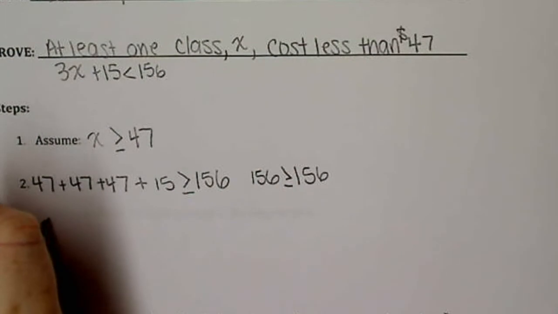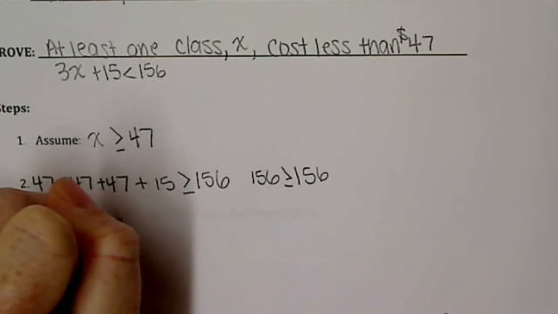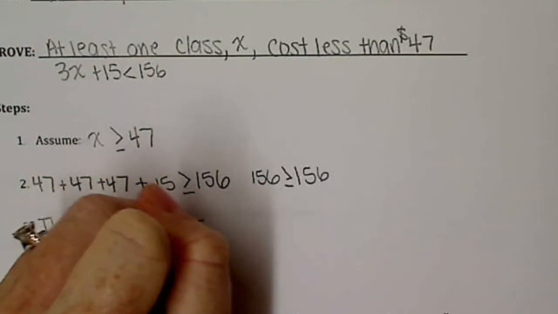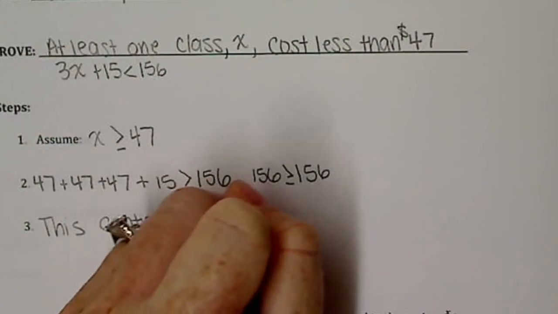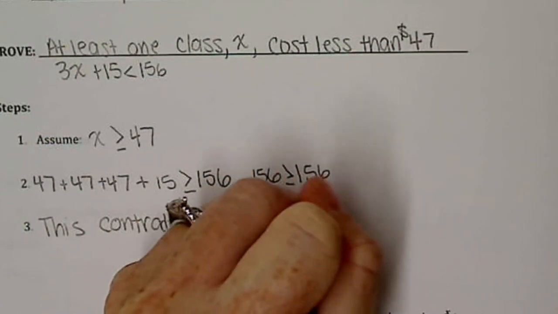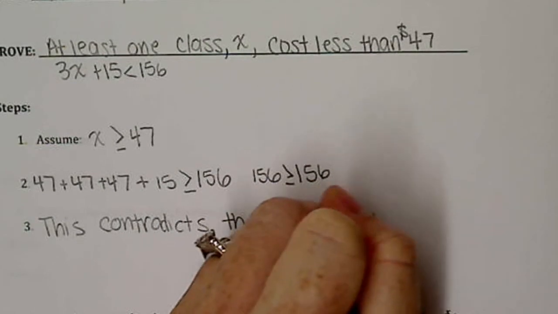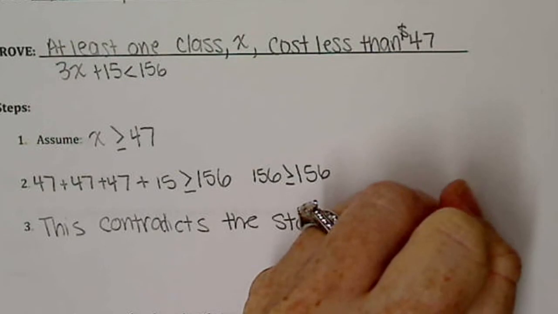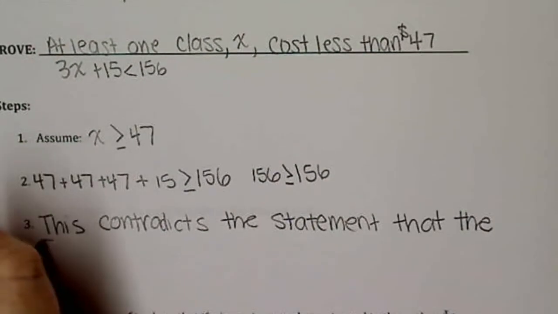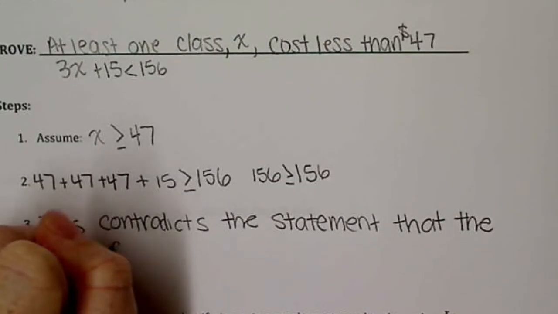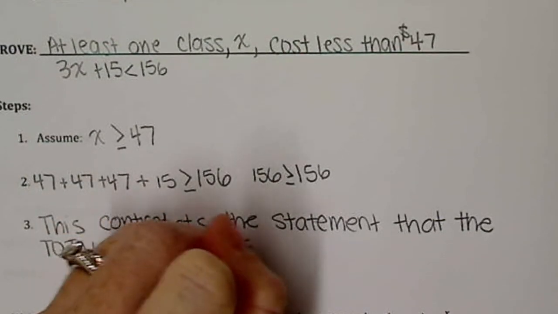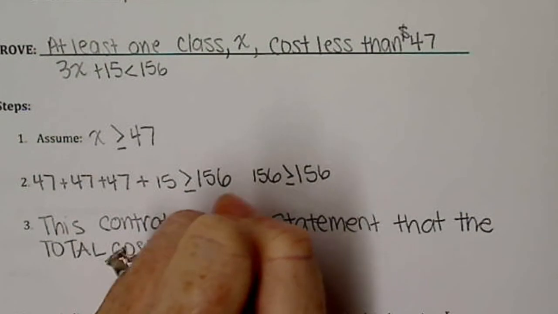So now our last statement is we need to state that in words. This contradicts the statement that the total cost was less than 156, that was part of our given.